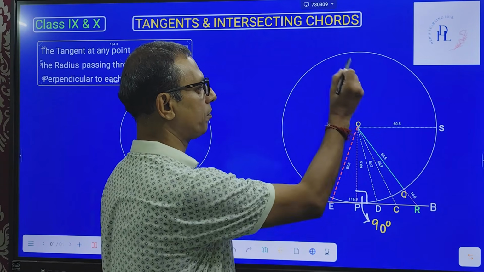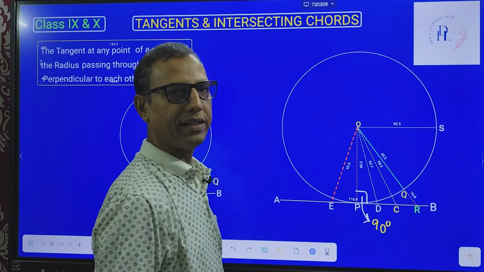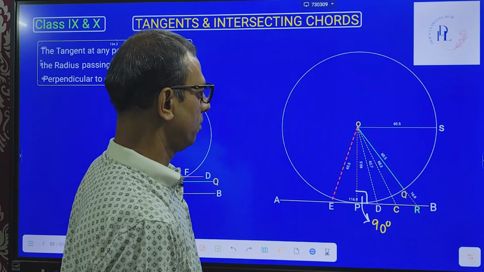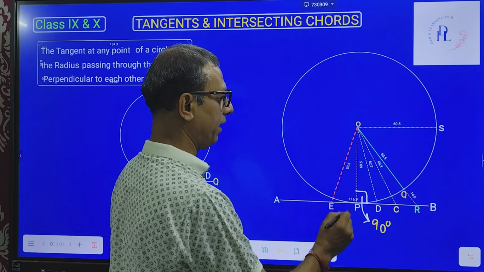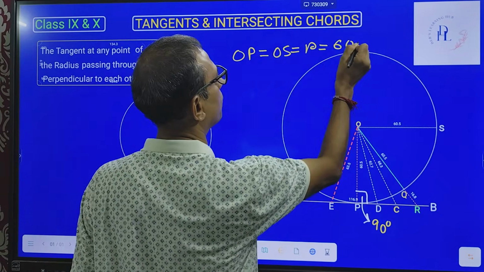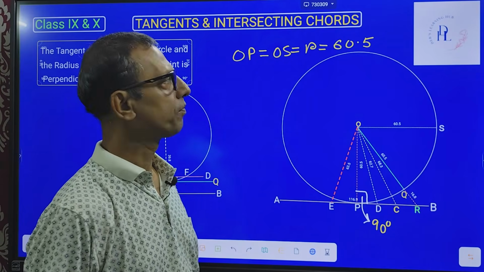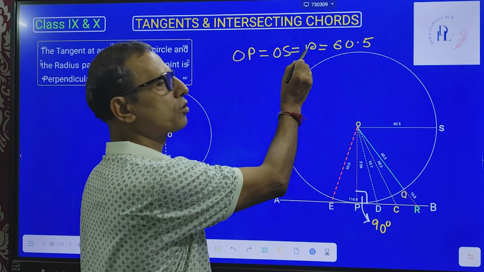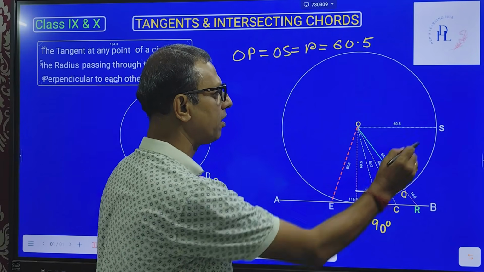O is the center of the circle where OS and OP are radii, right? In both cases you can see the radius is 60.5. OP equals 60.5, OS equals 60.5. I am not giving any unit, same unit everywhere. So OP equals OS equals radius R, that equals 60.5, as you can see from the picture.